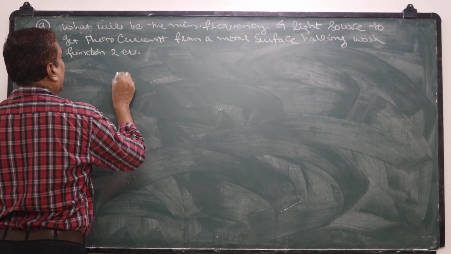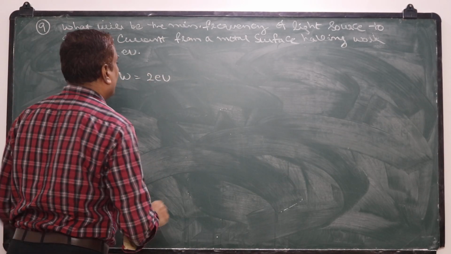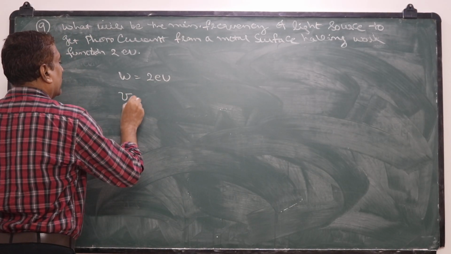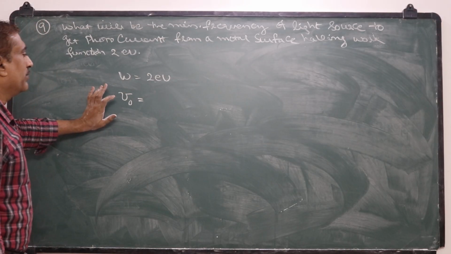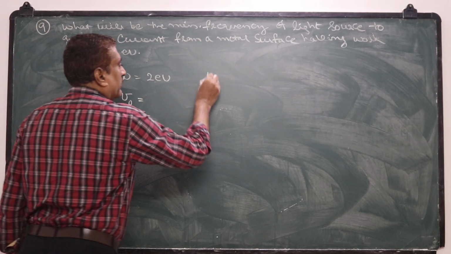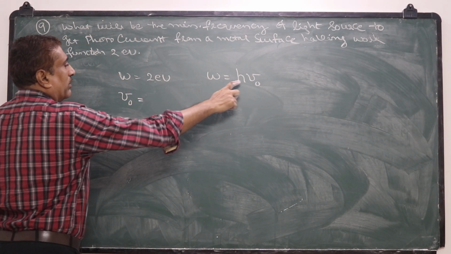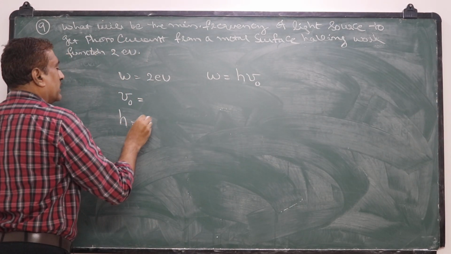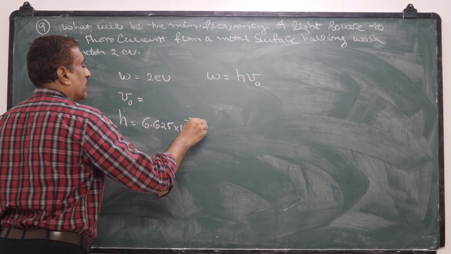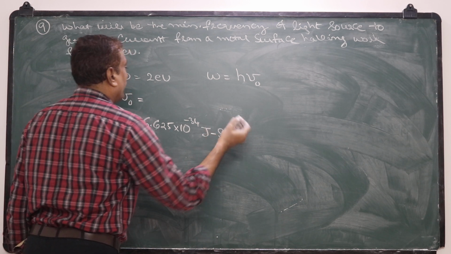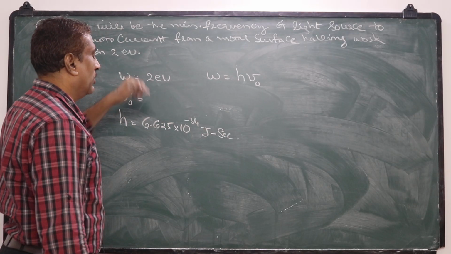So given the work function is 2 electron volt, you have to calculate the threshold frequency or minimum frequency to get the photocurrent. So the work function is equal to h nu naught, and you have to remember the h value. Planck's constant is 6.625 into 10 power minus 34 joule second, and also convert this electron volt into joule.